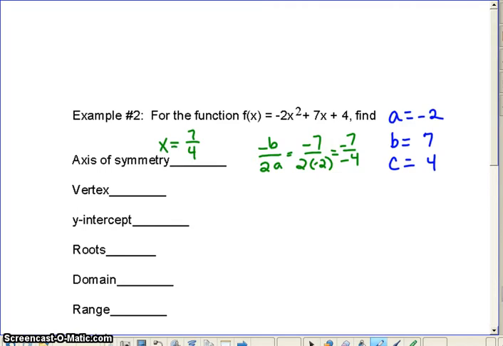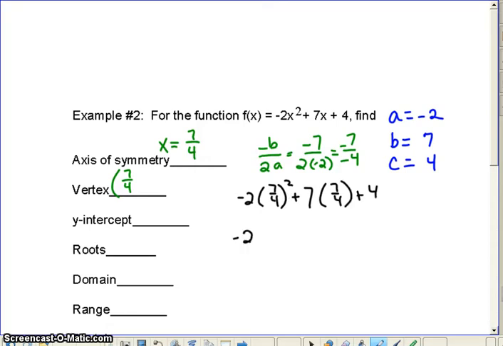Remember, your axis of symmetry is always a vertical line. Okay, the vertex, if we start off with 7/4, we're going to plug that into the equation. Negative 2 times 7/4 squared plus 7 times 7/4 plus 4.